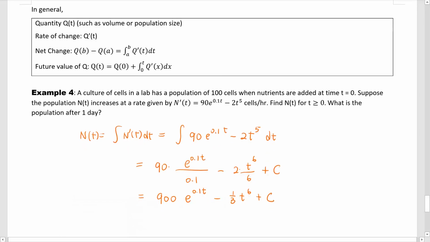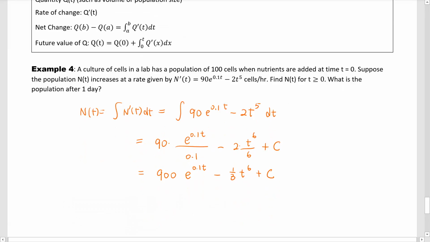And next, we want to solve for c, but we have information. We have the initial population is 100. So we plug in t is 0. E to the 0 is 1, so we have 900. T to the 6 is 0 plus c.